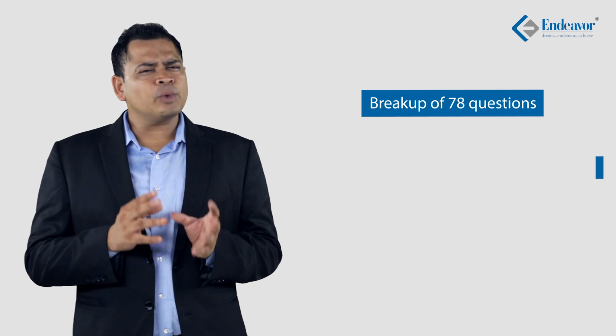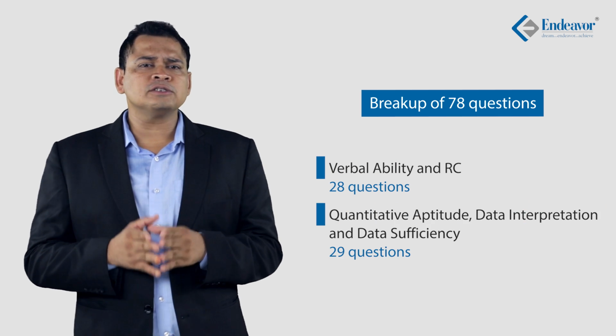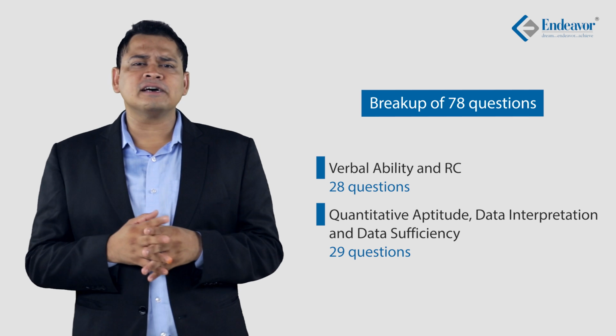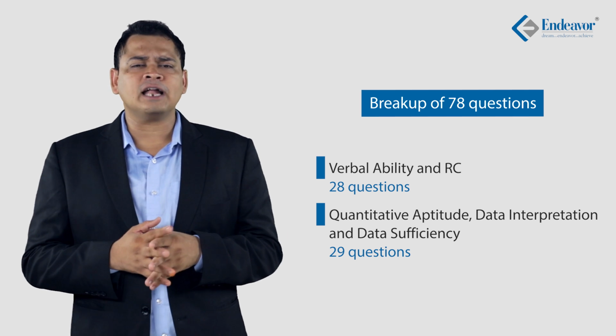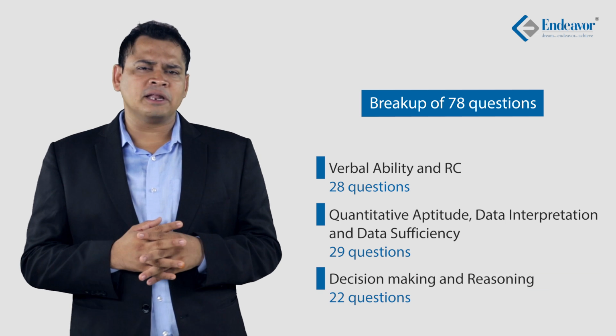If I look at the sectional breakup of these 78 questions, it was 28 questions of verbal, 29 questions of Quant, DI and data sufficiency, that is data interpretation and data sufficiency put together, and the third section was the remaining questions. If I take one section at a time, there is a reasonable predictable breakup which can be observed over the last 4-5 years.